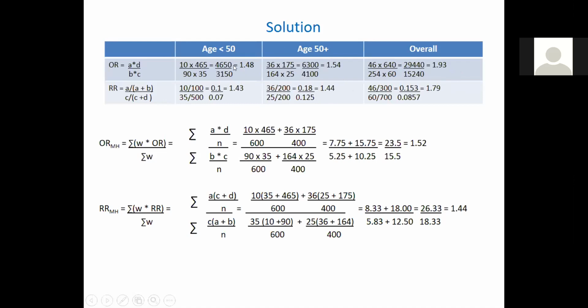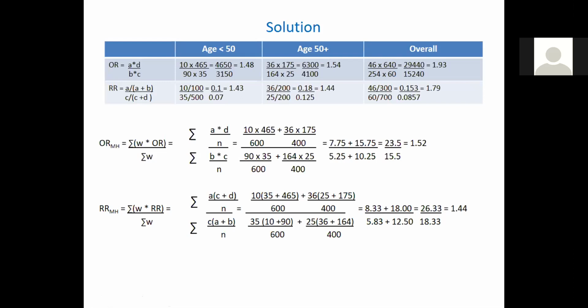Look at this one, odd ratio 1.48, 1.54. And look at the crude odd ratio, 1.93. When you do the crude, it is 1.93. When you stratify, it slashes the odd ratio down. Each of them is close, but they are different, and we cannot actually say if they are different until we put it to test.